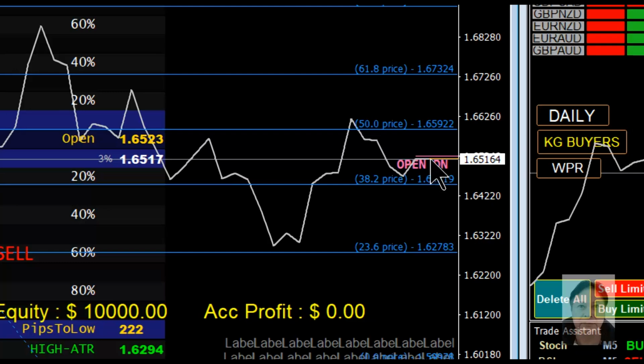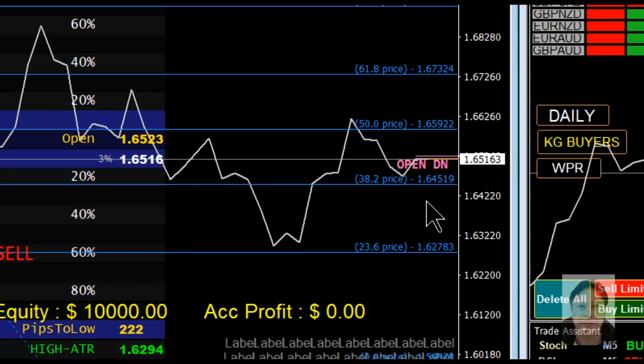Now it can't decide whether to go up or down. If it goes up, it'll go up to this level, and if it's going to go down, these FIBO lines actually help you to decide what direction the trend is going to be. That's the good thing about it.